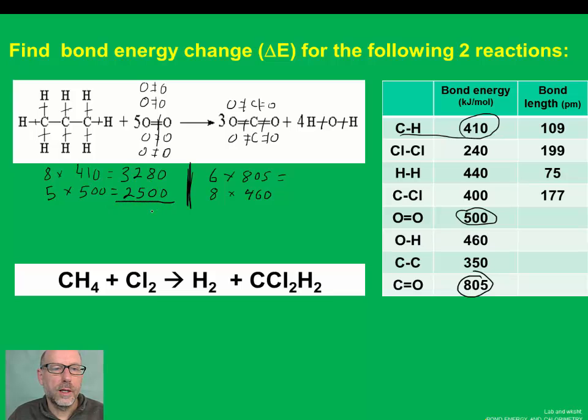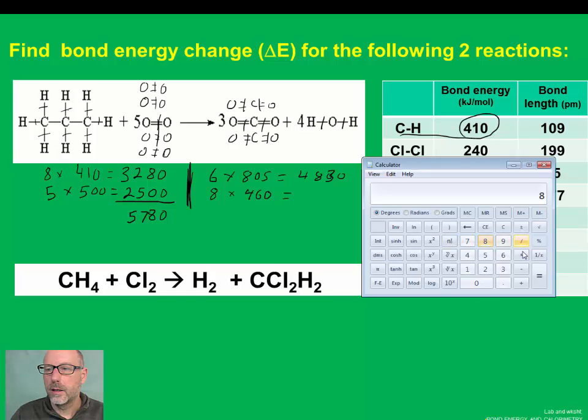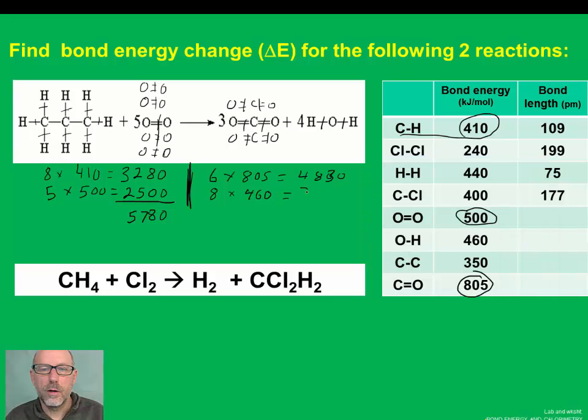Total here is 5780, and the total here is 4830, and 8 times 460 equals 3680.